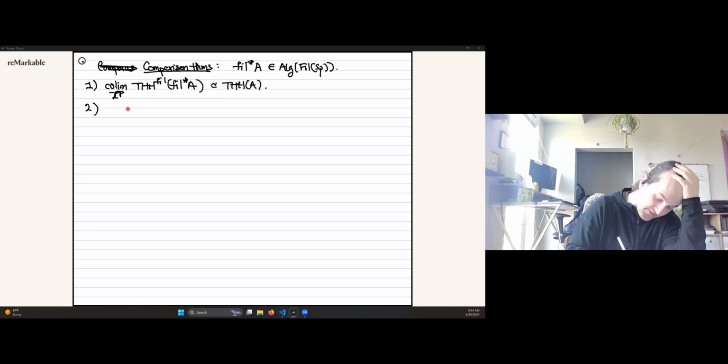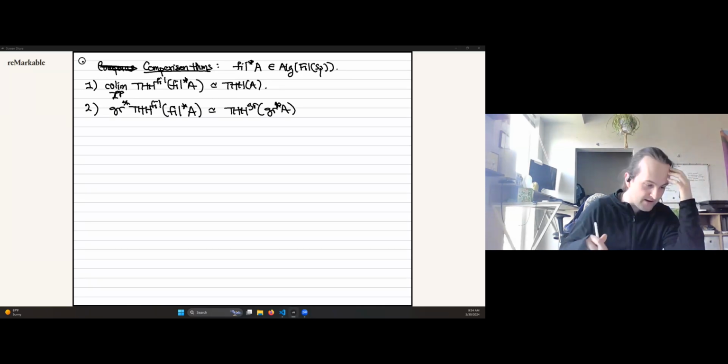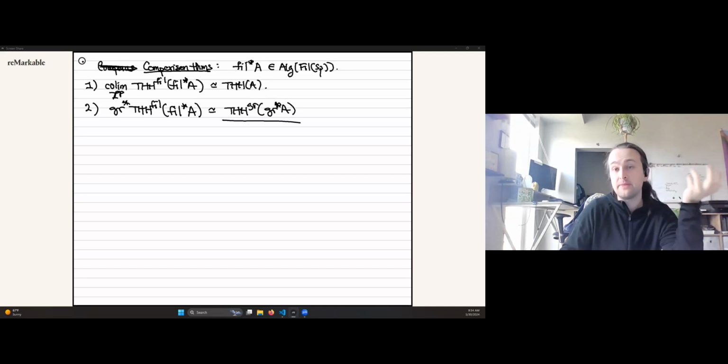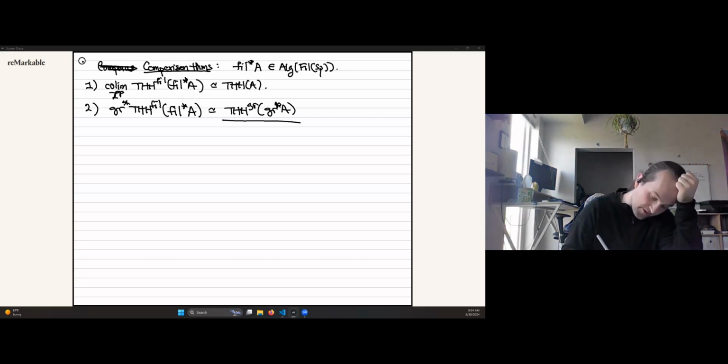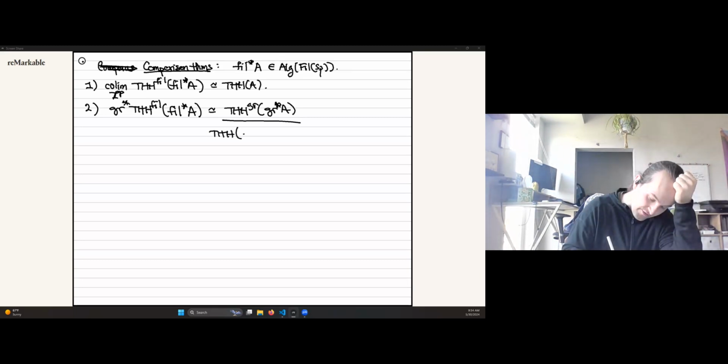this is the same thing as THH of A. The second one is if you take the associated graded of filtered THH of Fil^* of A, then this is the same thing as the graded THH of the associated graded of A. And moreover, maybe 2A is additionally, this is a graded spectrum, and the underlying spectrum of this thing is given by THH of the associated graded of A, which is a bit of an abusive notation.